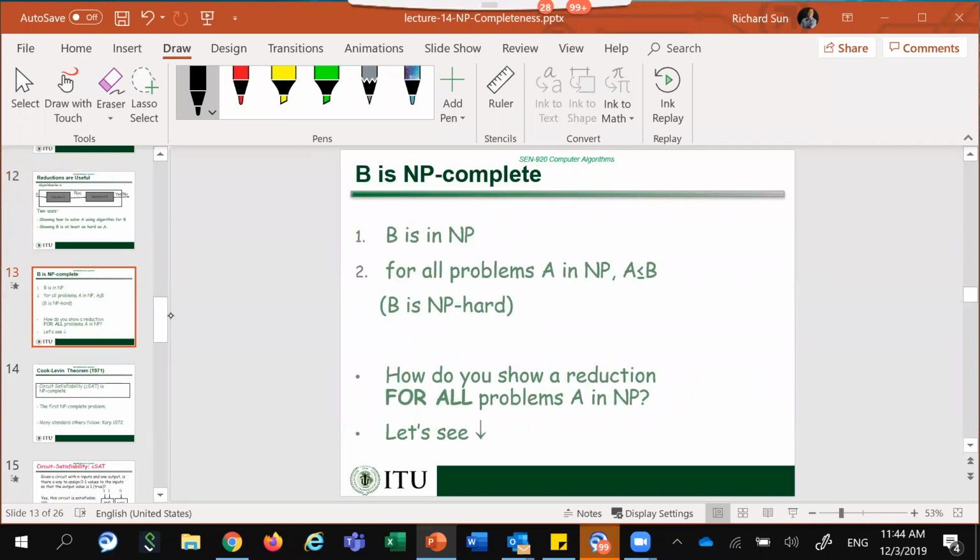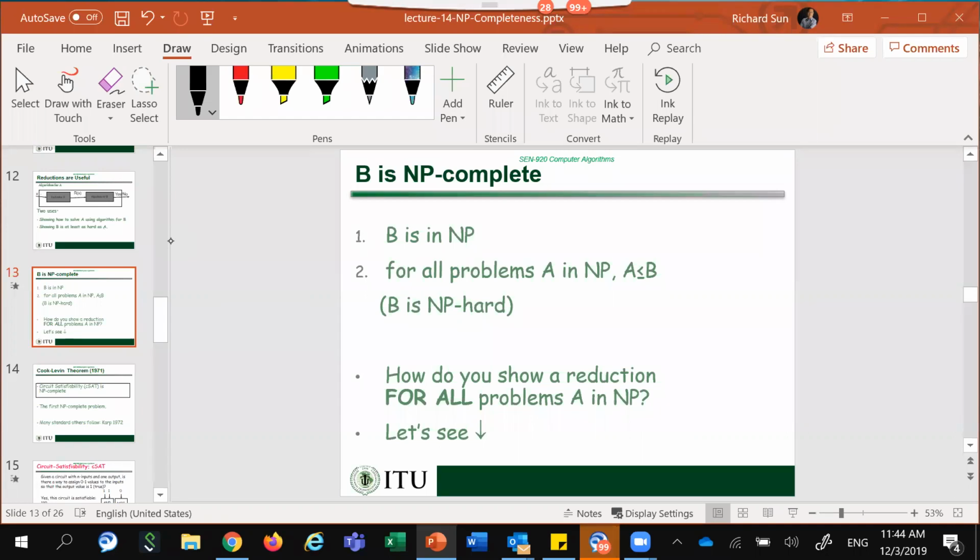Now, how do we do it? This is the definition of NP complete. Remember, we said NP complete is a problem inside NP that is the hardest.